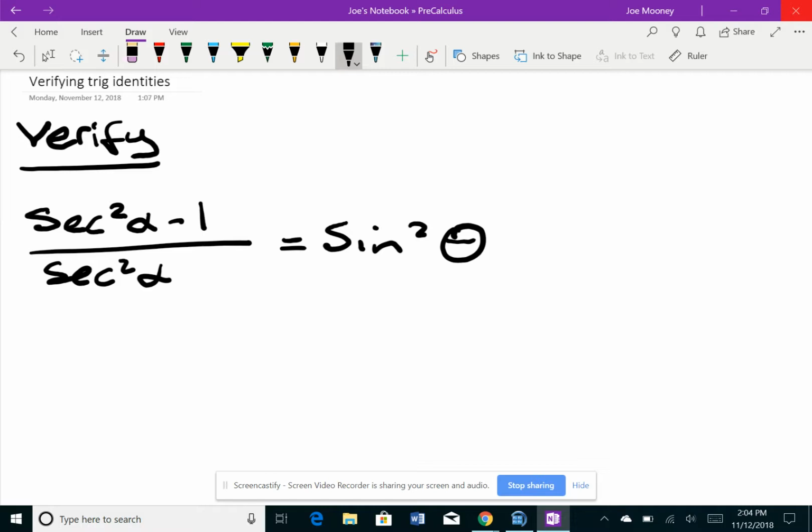And then they'll add secant squared and subtract secant squared. But then they manipulate the things they did, and then they turn it into a big old mess, and they hand it to you on a plate and say, put it back. So that's what this situation is. The left side is going to equal sine squared. We've just got to put it back there, right? So it's how you do it.